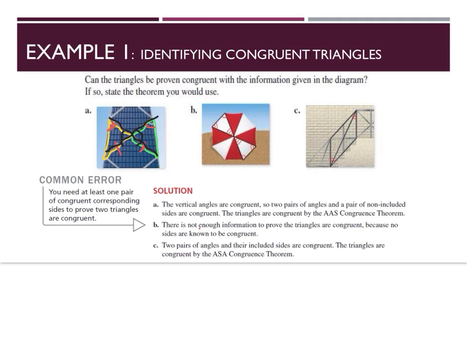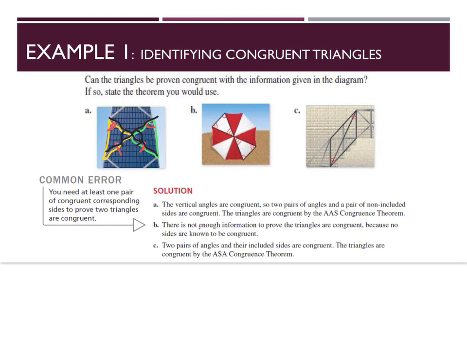So here is a common error to note. You need at least one pair of congruent corresponding sides to prove two triangles are congruent. If you'll notice, all of our options have at least one pair of sides. This is super important to note and add to your notes. You cannot just have angles, not enough information.